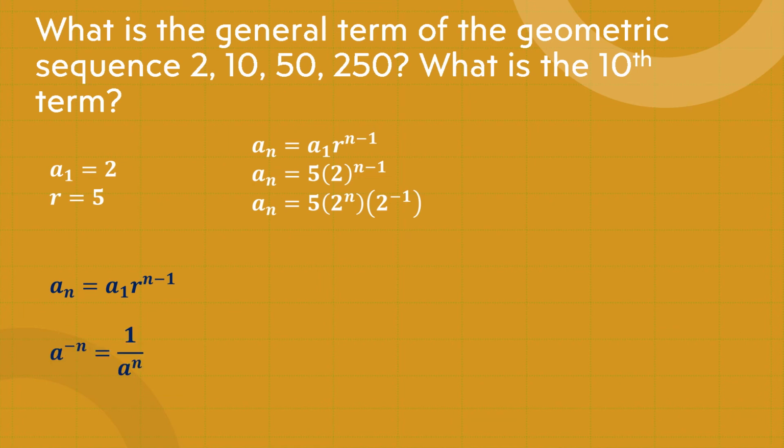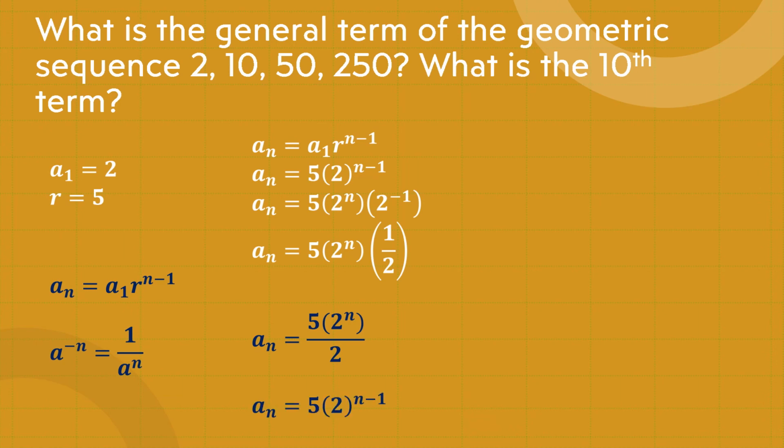Remember the law of exponents that a raised to negative n is equal to 1 over a raised to n. So we have 2 times 5 raised to n times 1 fifth. And then as an implicit formula, this is now 2 times 5 raised to n all over 5. However, I'm satisfied with the explicit formula, which is 2 times 5 raised to n minus 1.